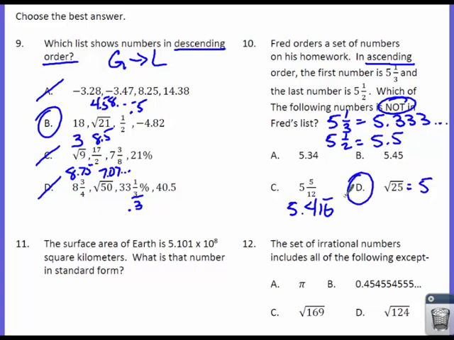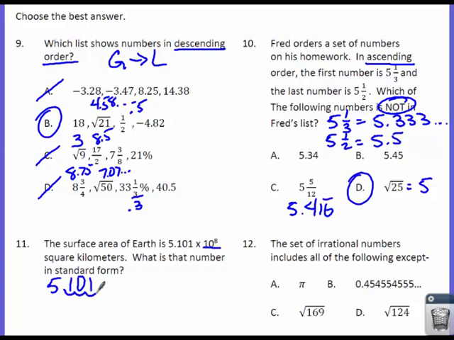Okay, number 11 says the surface area of Earth is 5.101 times 10 to the 8th square kilometers. What is that number in standard form? Well, we know that this times 10 to the 8 means I'm going to move that decimal 8 places to the right. Because it's a positive exponent, it's going to be a big number. So I'm going to take the 5.101 and move the decimal 8 places to the right.